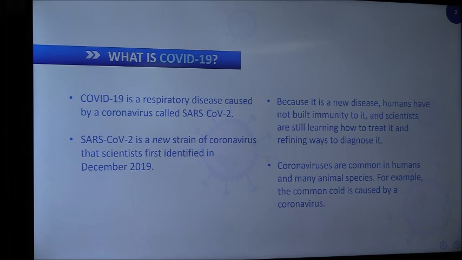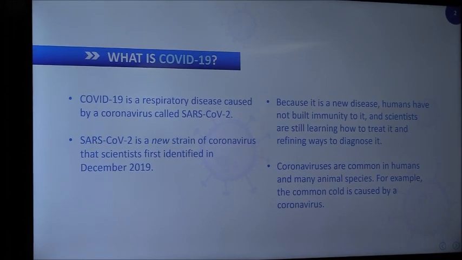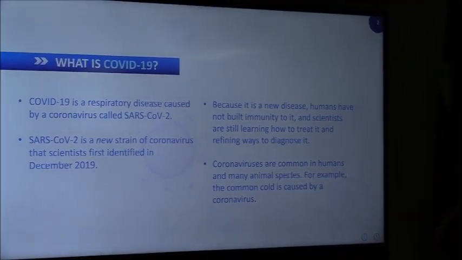Coronaviruses are common in humans and many animal species. For example, the common cold is caused by a coronavirus. It is a rare occurrence that an animal coronavirus can infect a human, which is called a zoonotic disease. Even more rare is that the coronavirus gains the ability to spread from the infected person to other humans.